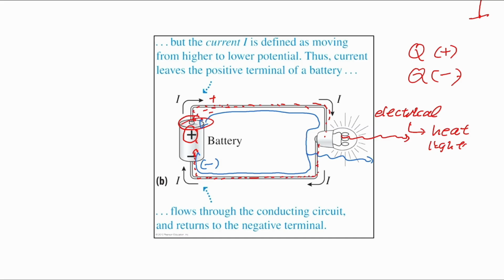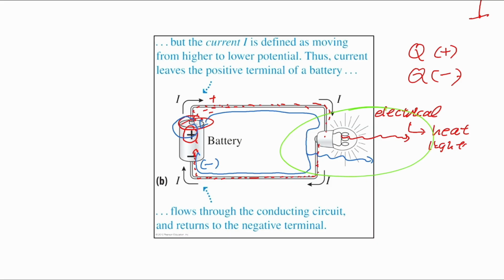Now, there's no way in this simple circuit we can tell whether this is a positive charge starting from the positive, or a negative charge starting from the negative, because at the end of the day, what we really can see is the light bulb. It means some sort of electrical energy converts into heat and light.